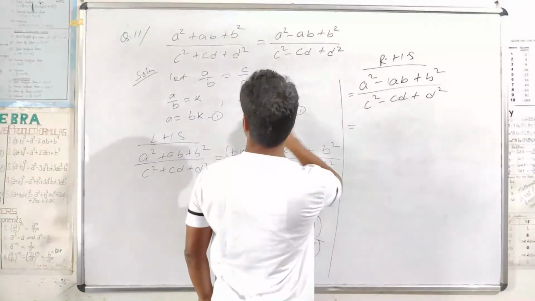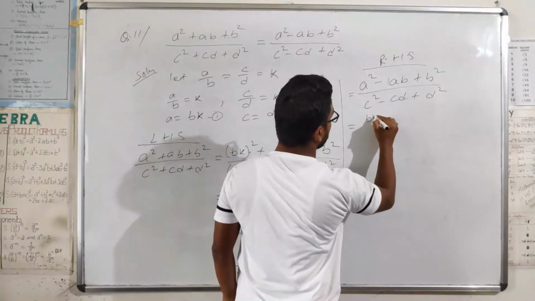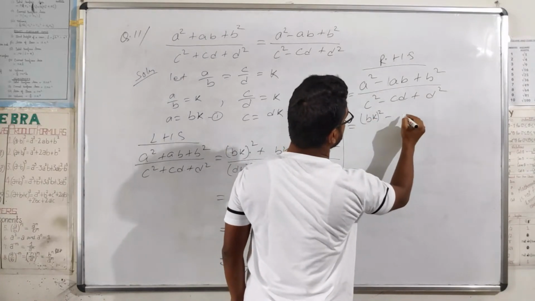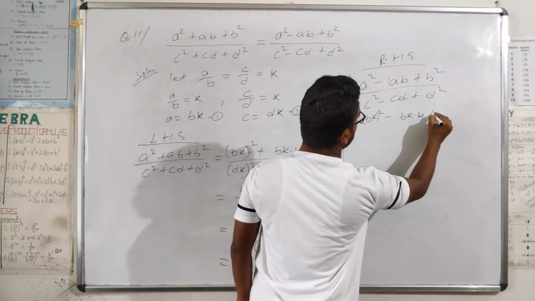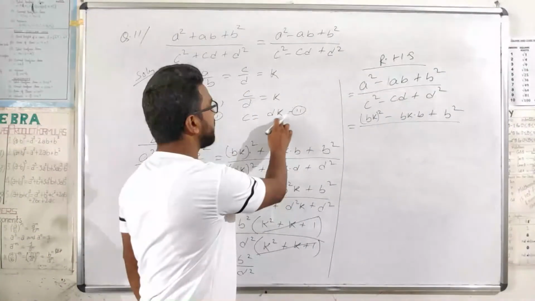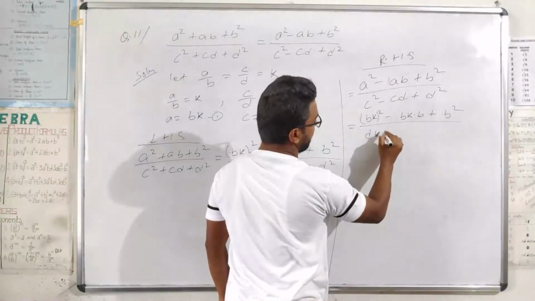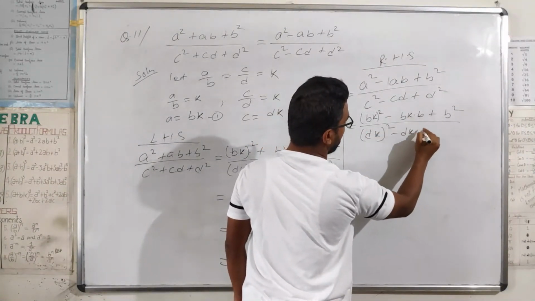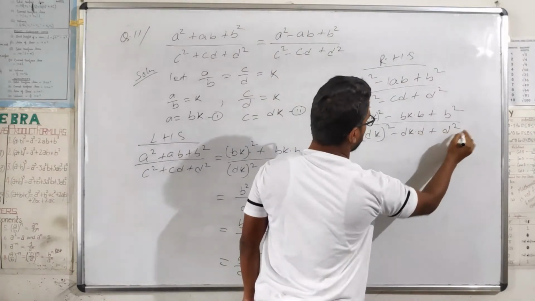So what is given? a is bk, so (bk) whole square minus bk into b plus b square. Similarly here, what is the value of c? c is dk, so we'll write (dk) whole square minus dk into d plus d square.